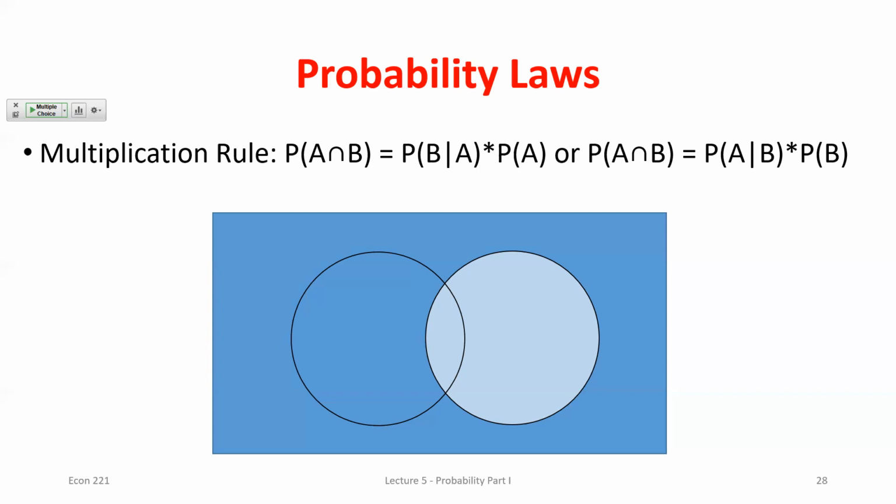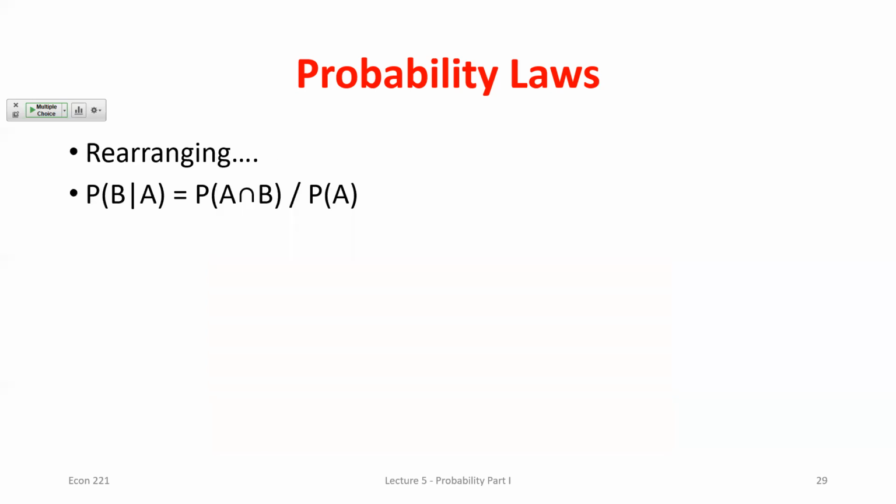So why does this hold? Actually, I think what I might do is, before I draw this, so this is the end result that we use a lot. If I rearrange this a little bit, I get that the conditional probability is just the intersection divided by what I'm conditioning on. I think maybe this one will make a little more sense.